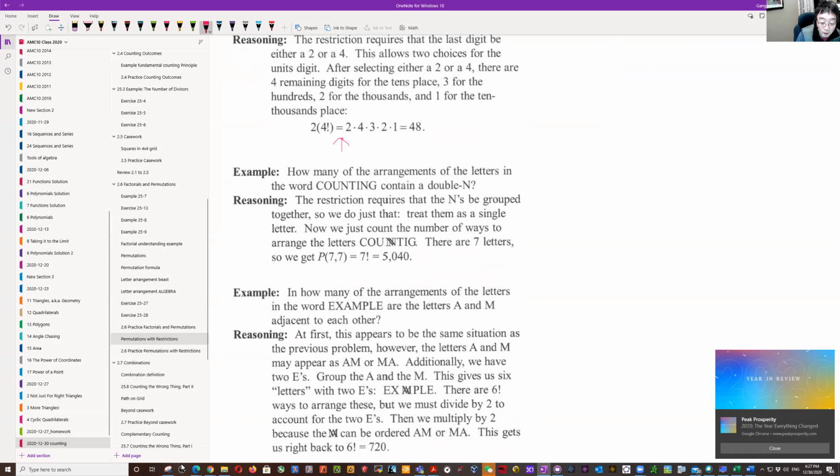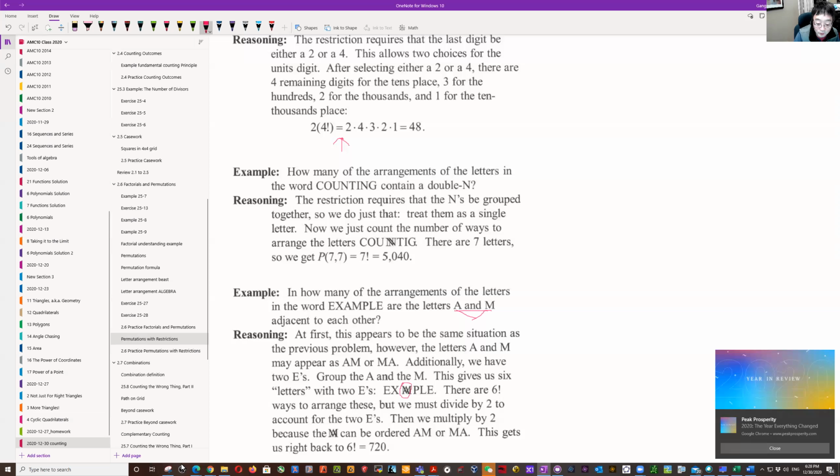In this problem, for example, the restriction counts in a different way: letters A and M need to be adjacent. How many of the arrangements have A and M adjacent to each other? In this case, we treat AM as a single letter.